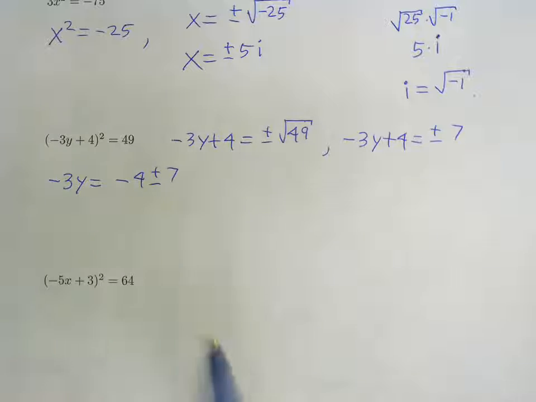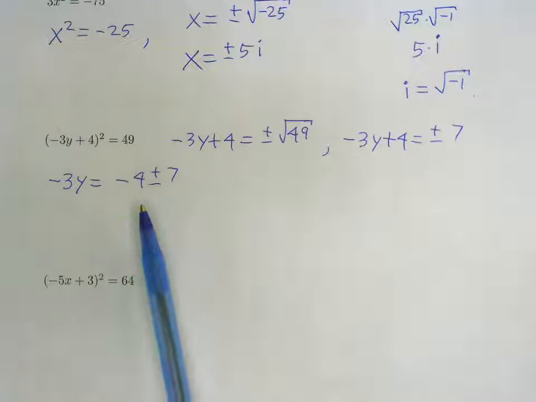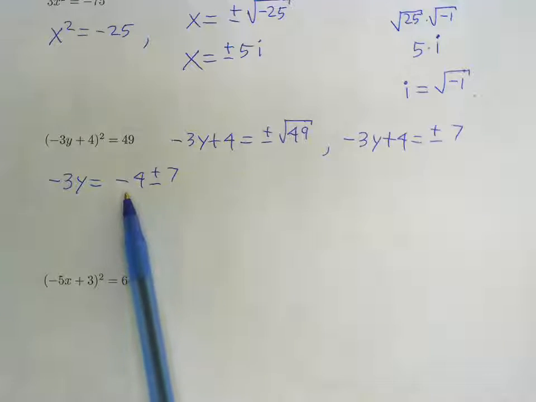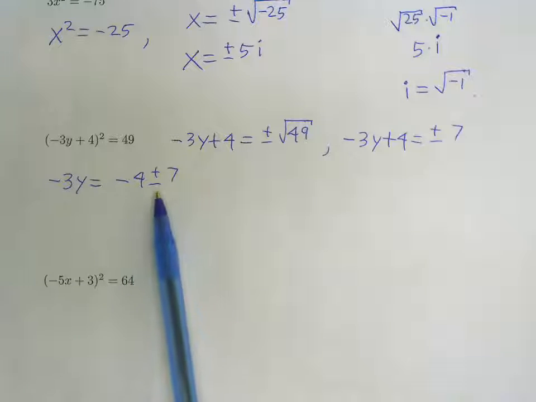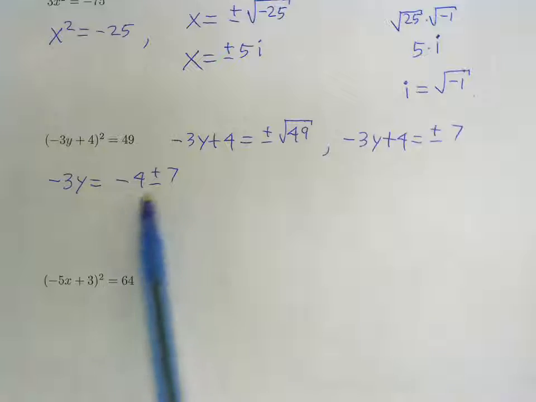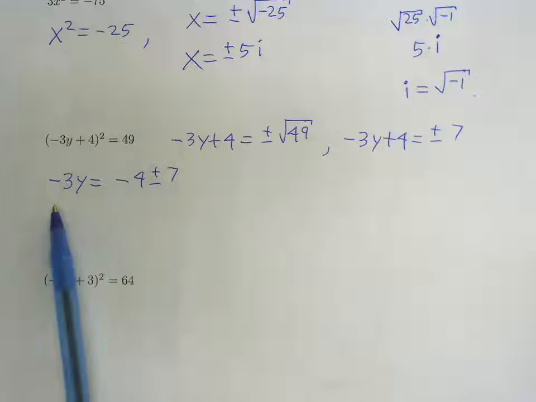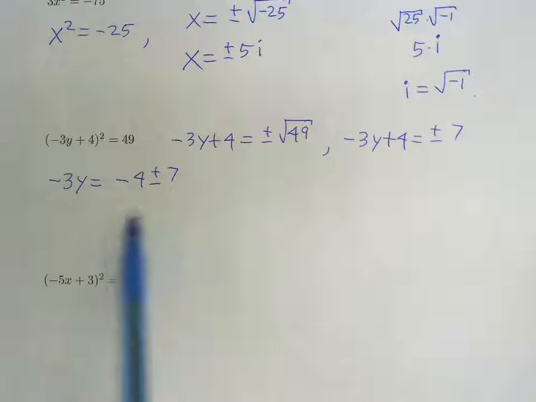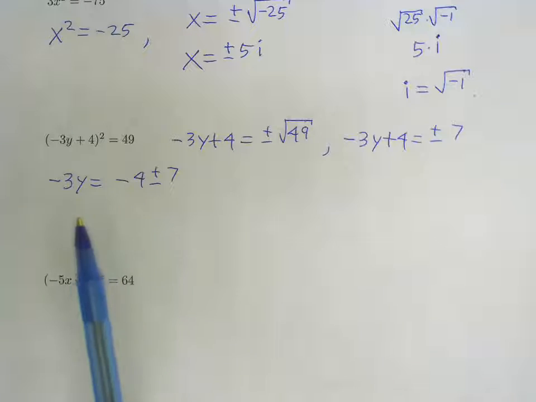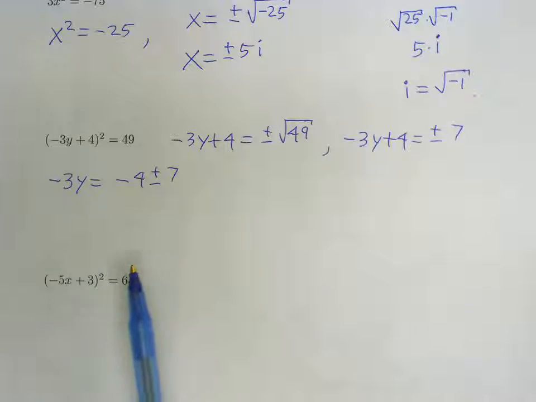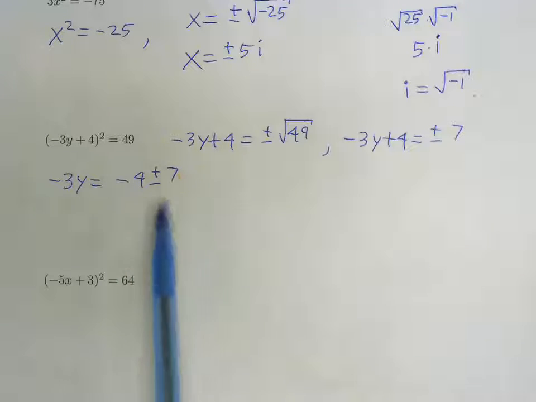We have a couple of options on how to proceed. Negative 4 plus and minus 7, those two numbers can be simplified because they're both integers. So we can write negative 3y equals negative 4 minus 7, which is negative 11, together with negative 3y equals positive 3, because negative 4 plus 7 is 3.